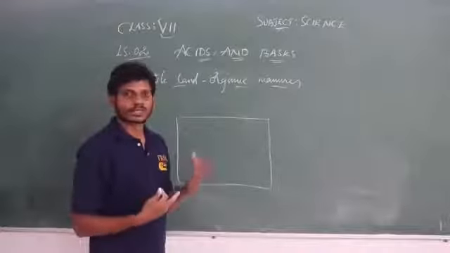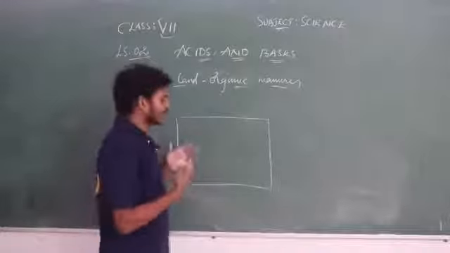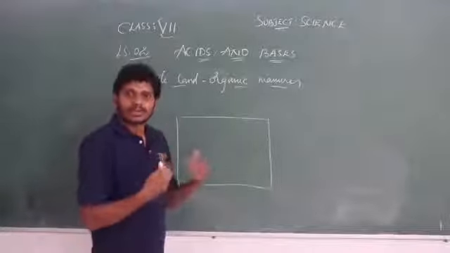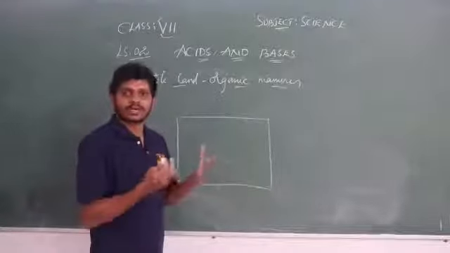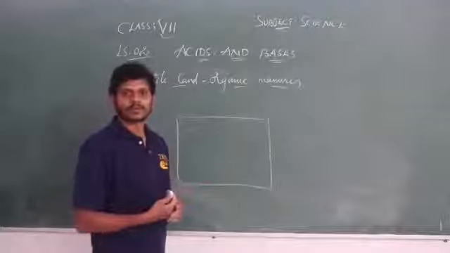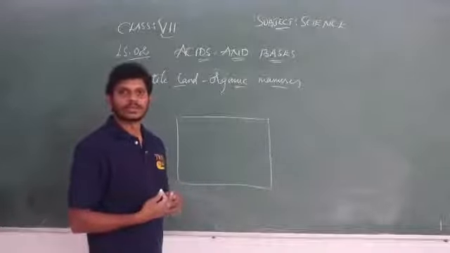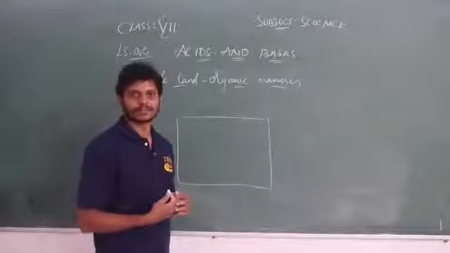Why do they use these chemicals? To get good yields, a good number of fruits, vegetables and grains.